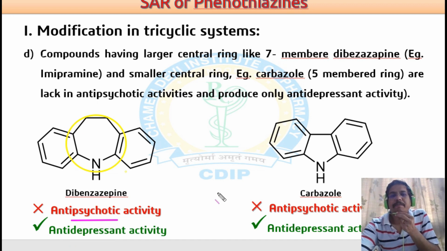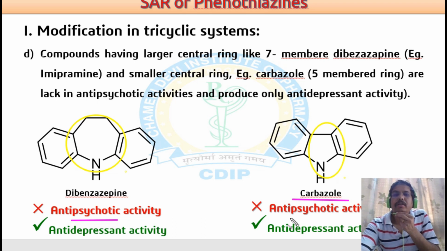And if it is changed with the 5-member ring, then the resultant compound is carbazole. This carbazole also deviates from the antipsychotic activity, but is able to show antidepressant activity.